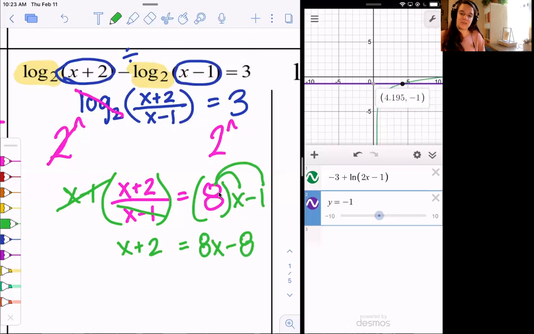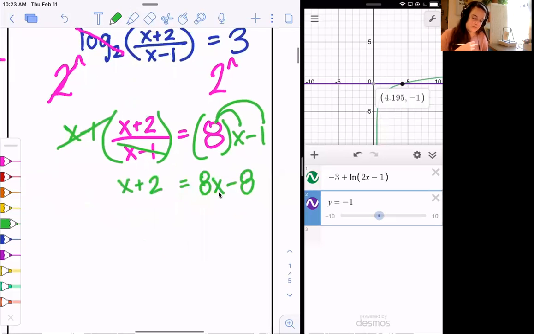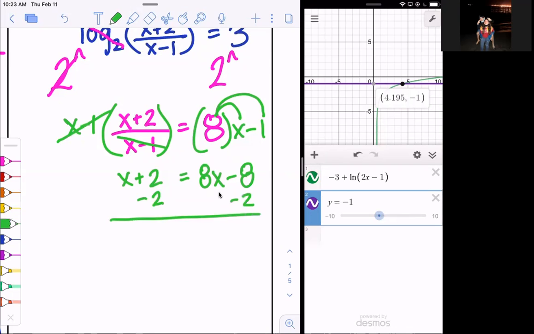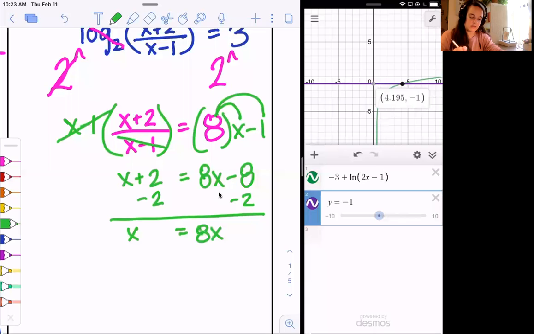Yeah, Fatima, thank you. Christine, can you finish this problem for us? You subtract the 2 or add the 8, whichever one you want to do. We could subtract the 2. It'll be x plus 8, x minus 10.